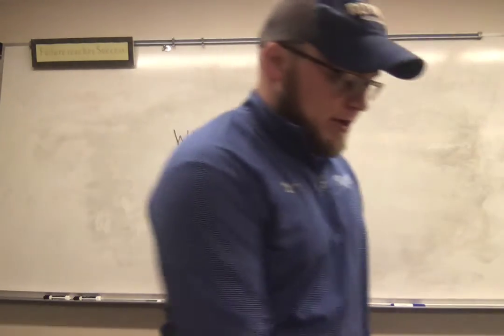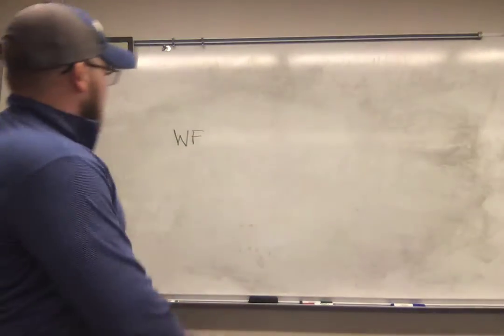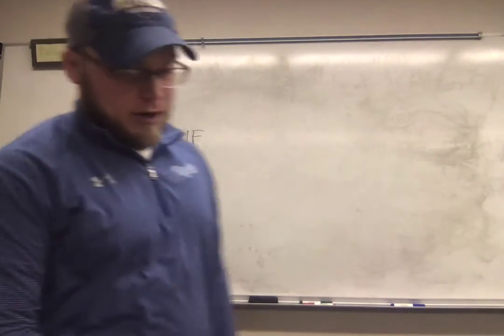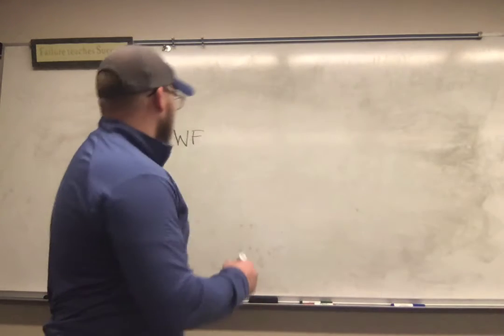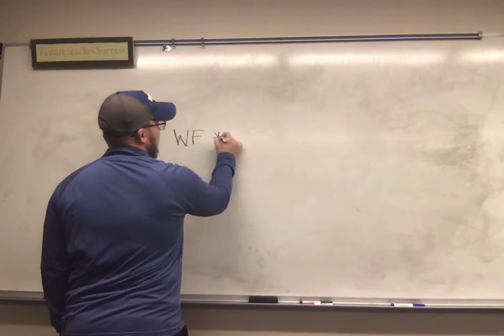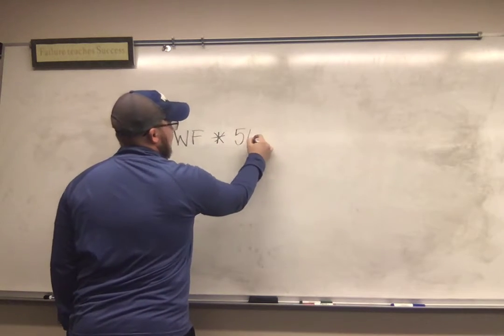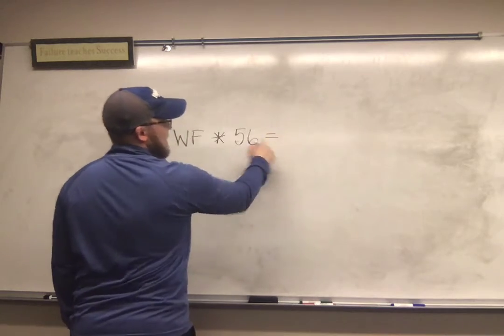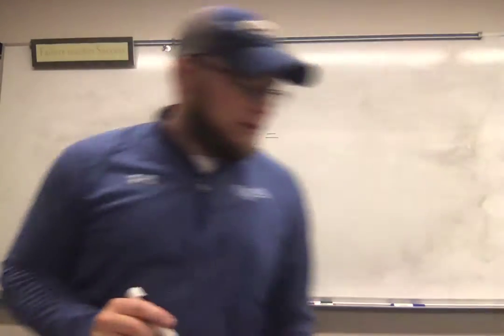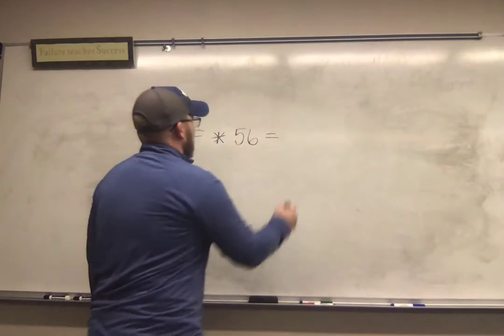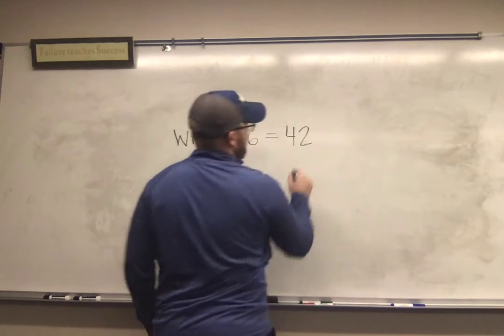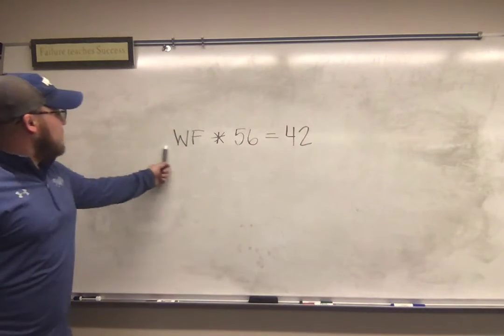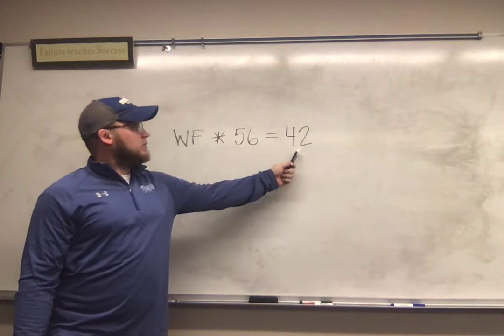So when we read this, what fraction, we wrote WF, of is multiply, and then it has 56, is, and is means equals, and then 42. So what fraction of 56 equals 42?